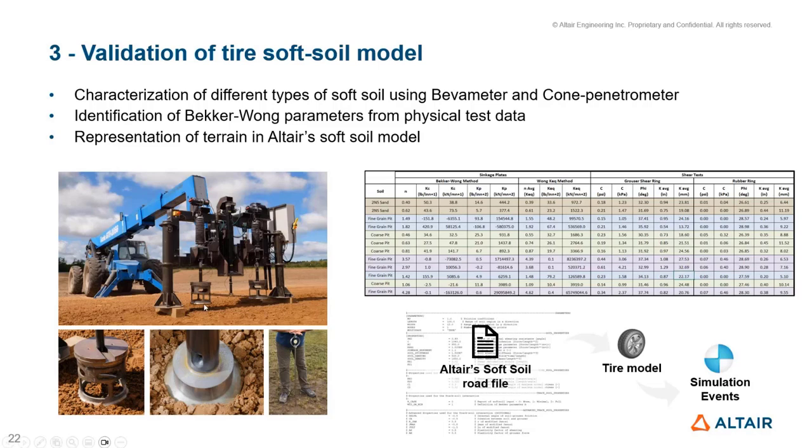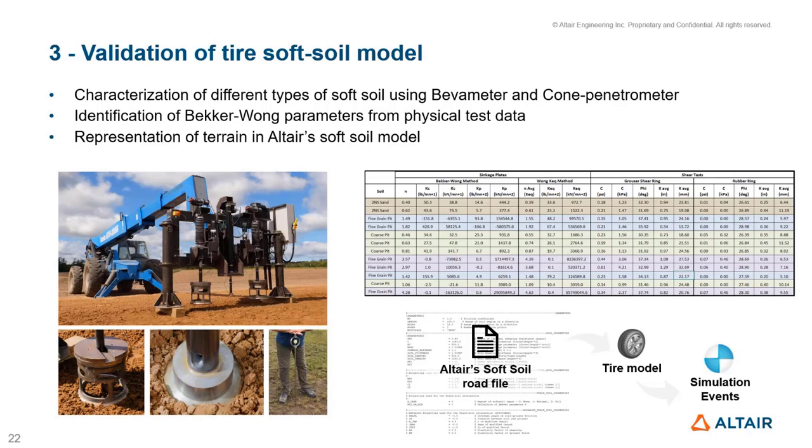The pressure sinkage test, using this plate that mainly pushes the soil down, and then the soil shear stress test, which consists of this disc here that has some grousers, so it pushes the soil and rotates. Now, the outcome of this Bevameter is this table here, which are basically the Bekker coefficients. And we could use these directly in the Altair soft soil model as we use the same Bekker formulation, right?